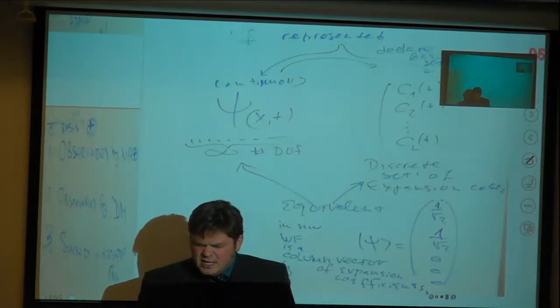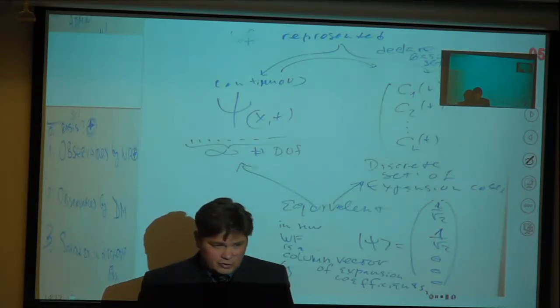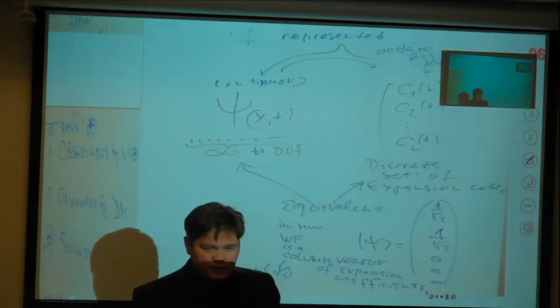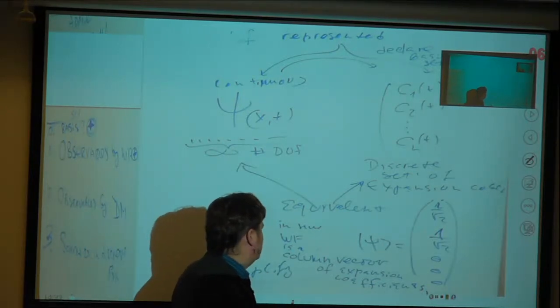We actually need these expansion coefficients when we find the time-dependent solution of the Schrödinger equation, right? Our expansion coefficients are what makes a bridge from the initial condition to the solution. So this concept is not completely new.